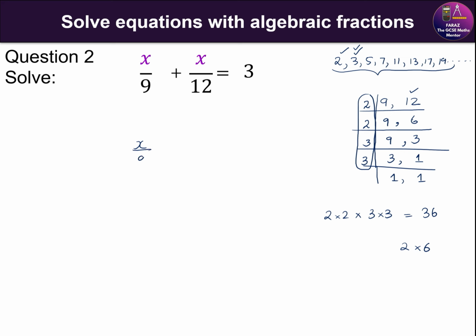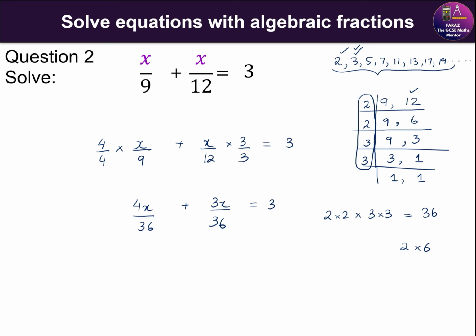x over 9 multiplied by 4 over 4, because 4 into 9 is 36, plus x over 12 multiplied by 3 over 3, because 12 times 3 is 36, equals 3, which will remain as it is as we are solving an equation. So 4x over 36 plus 3x over 36 equals 3.